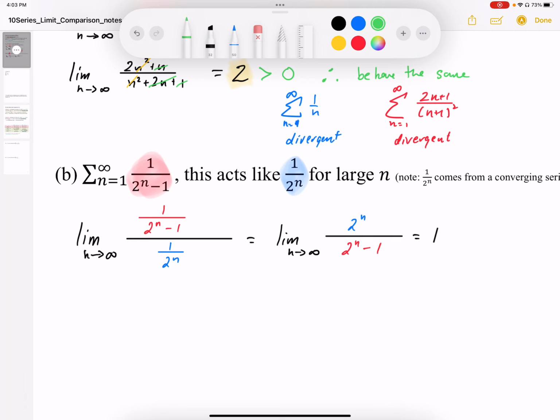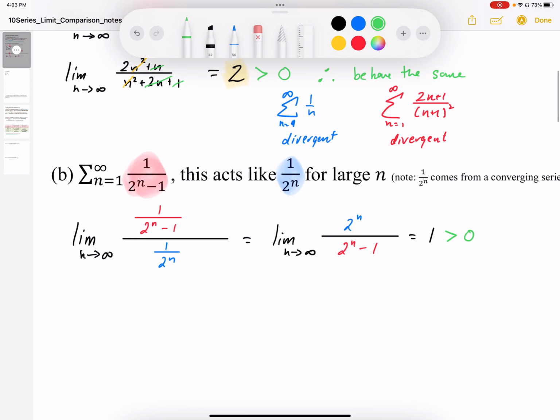If it is equal to 1, that means it's bigger than 0, a finite number bigger than 0. So because the limit is bigger than 0, they behave the same. That's my conclusion from the limit being a non-zero finite limit.